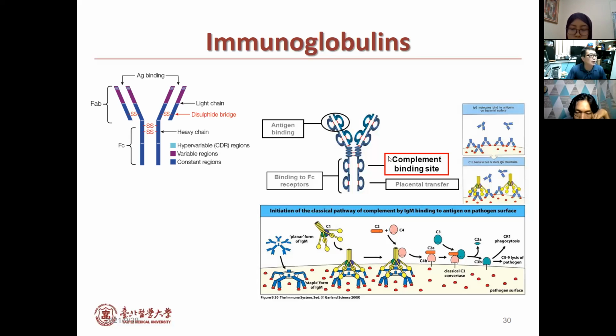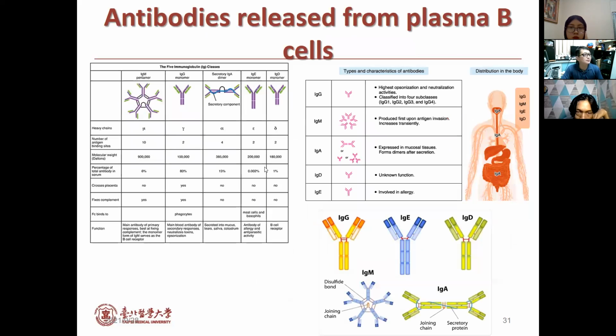So you can imagine that the FC receptor and the IgG can bind to the antigen, bacteria, or toxin substance over there, and later on complement will bind to another site, and also will be recognized by macrophage. What happens? It will assist them being phagocytosed, being eaten by macrophage. You've got to know the function of complement and the immunoglobulins.